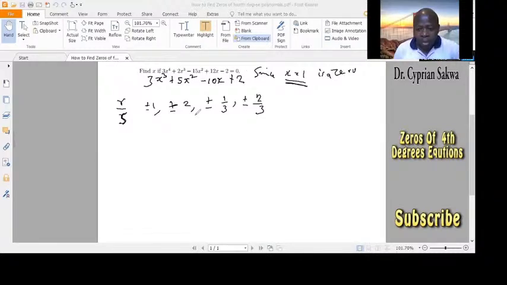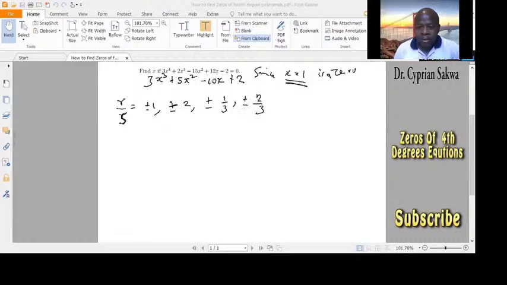So again, we try and find out which of these is a solution. Let's begin with the easy ones. If we find that they do not agree to be solutions, we move to the second one, then the third one, then the fourth one. But one of them must be a solution if it can be reduced further. But if none of them is a solution, then it cannot be reduced further.